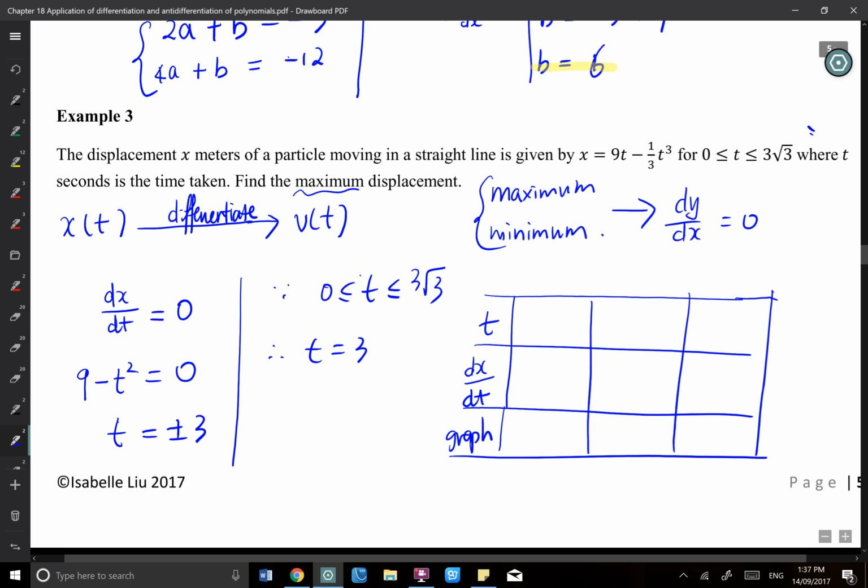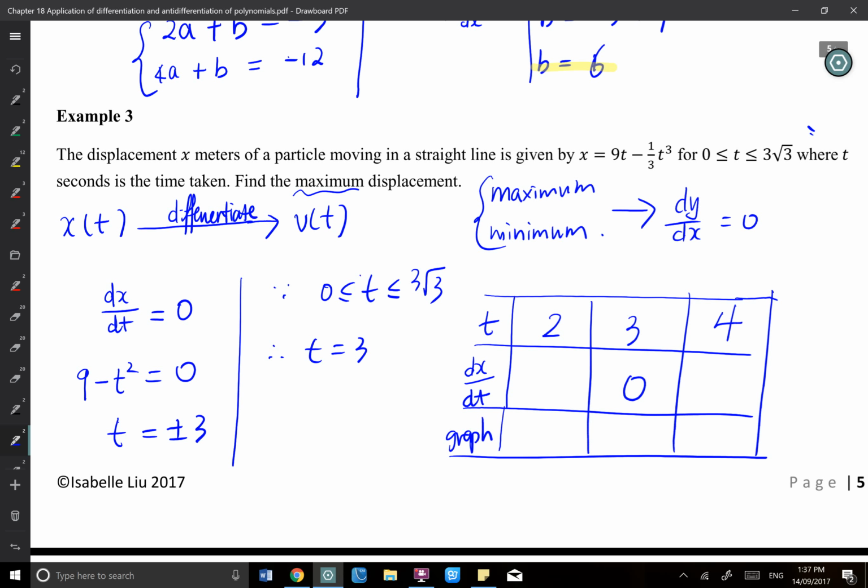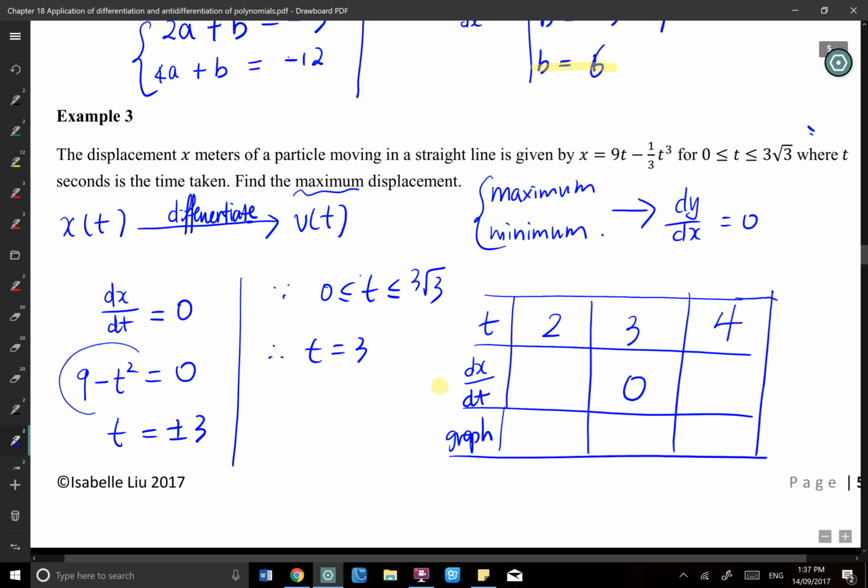So what you would do is, we have 3 here. Well, let's select a 2 here and a 4 here. When t equals 3, dx/dt will be 0. That's what we solved. And when we have 2, we put 2 into dx/dt, which equals 9 minus t squared. I will have 5.